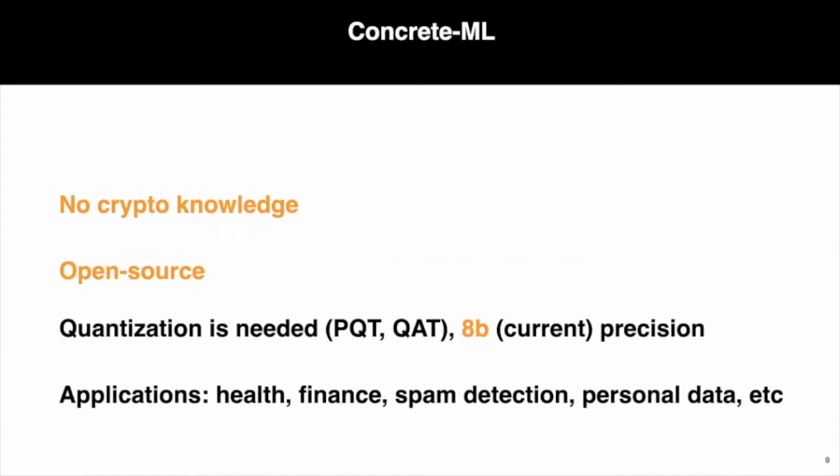Another point which is very important for us is that it's open source. I'm going to give the links at the end of the presentation, but it's very important for us and for the company. Eventually, all the tools of the company are open source.